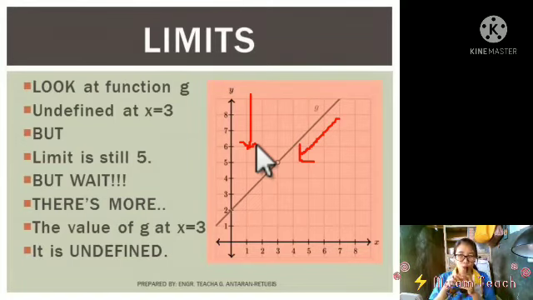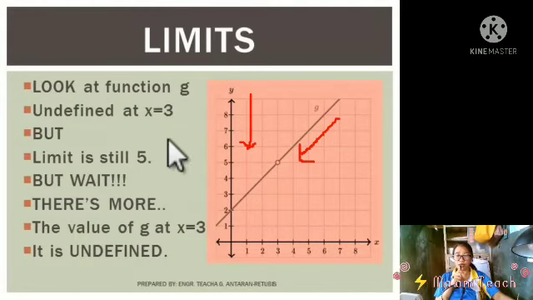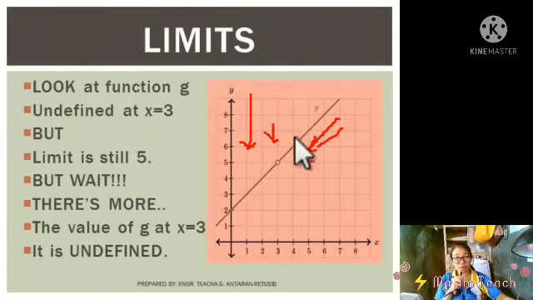So in this question, what is the limit of g as you approach 3? It's not at 3. What we are looking for is not exactly at this hole, but rather what it is approaching. So as we approach 3, it is also approaching 5. Therefore, the answer is still 5.